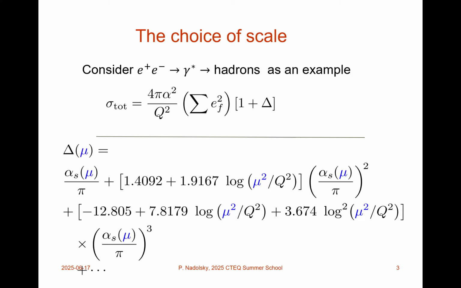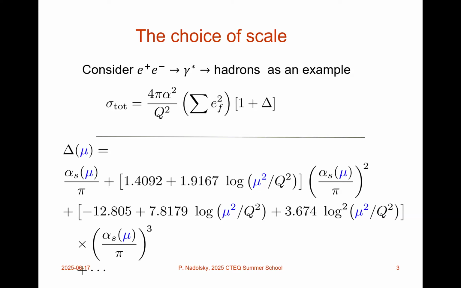If there were no suppression by alpha_s over pi, you would get a much larger factor here. You can imagine how these factors arise: the high order additive contributions become more complicated, and you simply have a combinatorial growth of possible contributions.